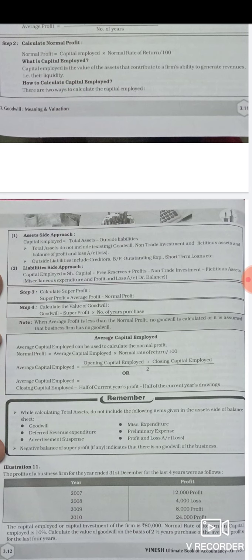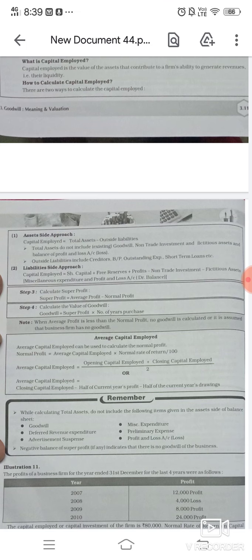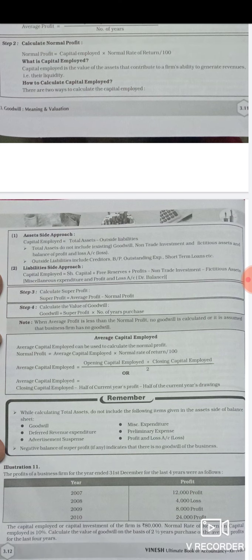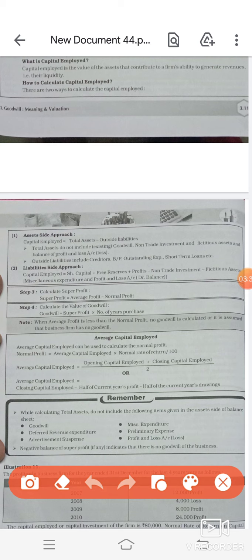how to calculate the capital employed? That is total assets minus outside liabilities. When we are taking the total assets, we should not include the goodwill, non-trade investment, fictitious assets, and balance of the profit and loss account. If profit and loss account is in the asset side, it indicates the loss. So when calculating the total assets, these items we should not take into account.